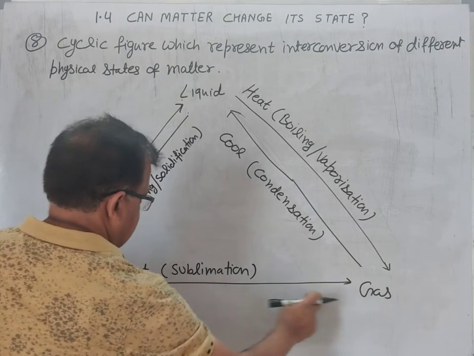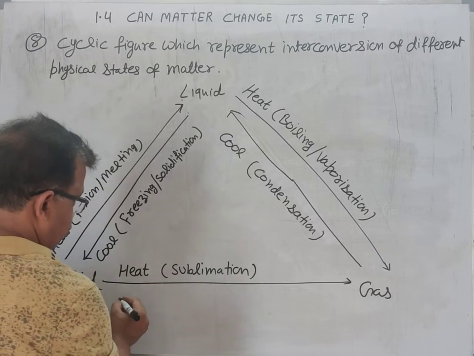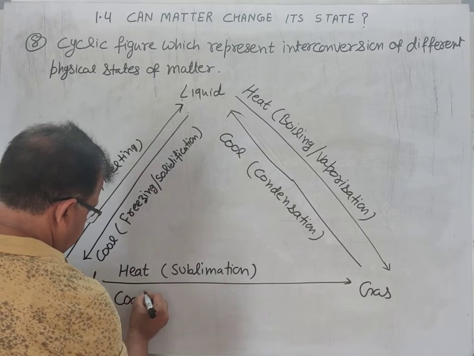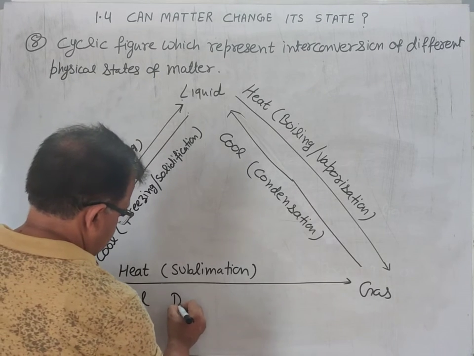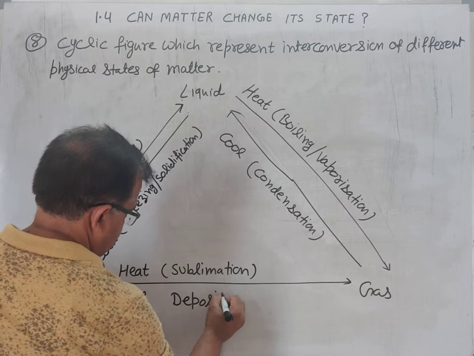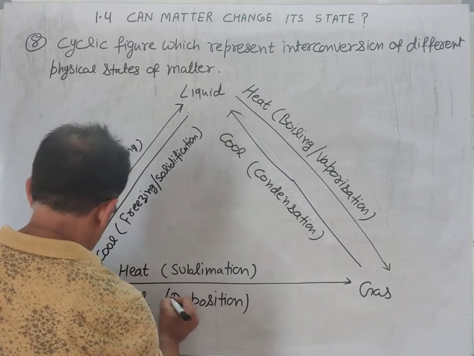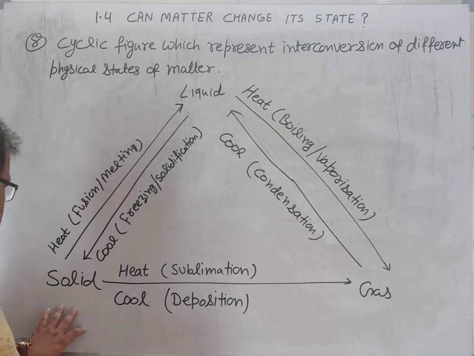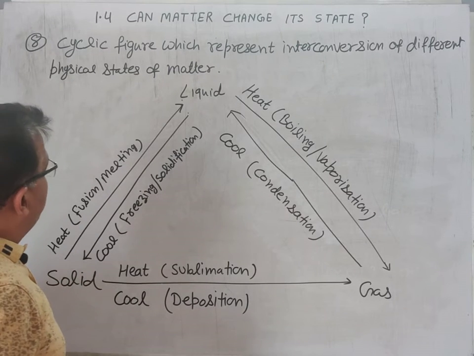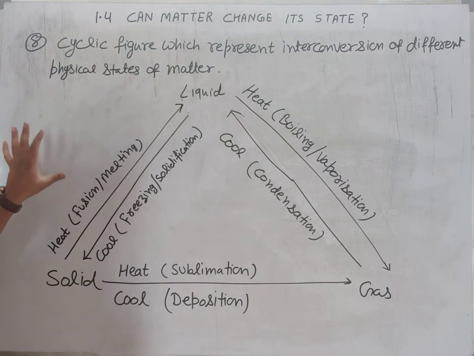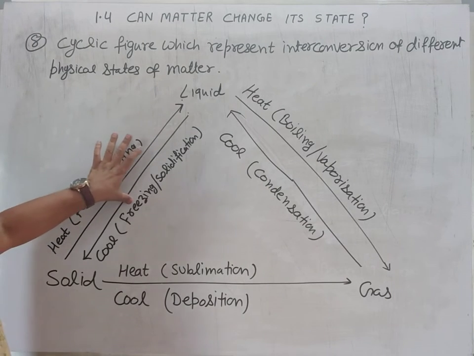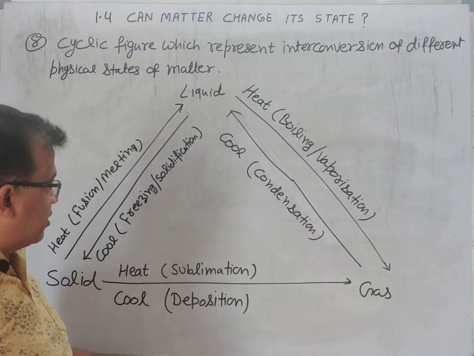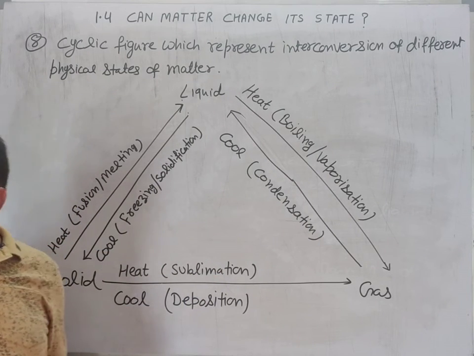Similarly, gases can also be converted directly into solid by cooling, and the name of the process is deposition. Such substances which can be directly converted from solid to gas are known as sublime substances, like ammonium chloride. We can also give definitions of fusion, freezing, boiling, condensation, sublimation and deposition. So now we are studying their definitions.